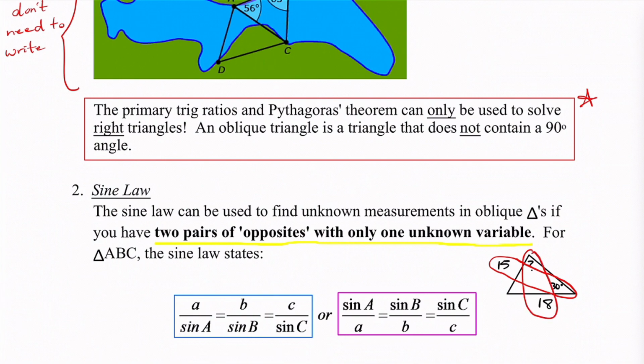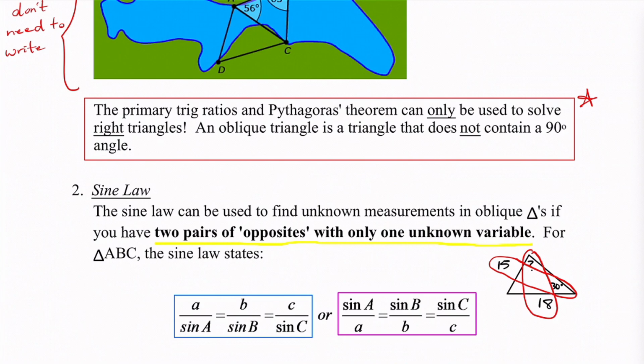So that's the two pairs of opposites, and there's only one unknown variable, the question mark. You can only ever have one unknown thing. If there's two, say here and here, you can't use this. You're going to have to try to use some other method first. But that's the general idea.